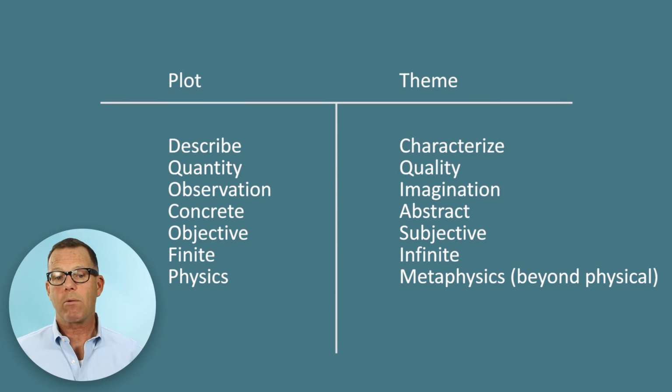Okay, so let's go back to our t-graph and take a look at where we're at. Physics is about the finite, objective, concrete, observable, and quantifiable descriptions. Metaphysics is about infinite, subjective, abstract, imaginary qualities and characterizations. See how we've got it all set up there, right?